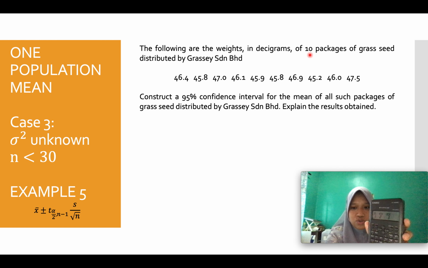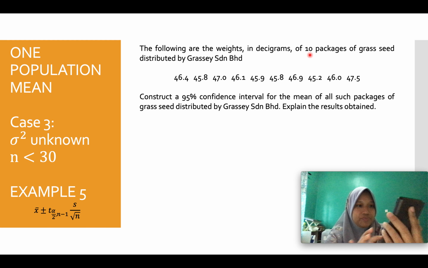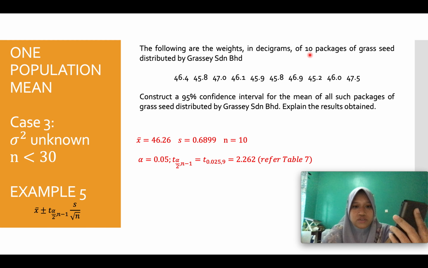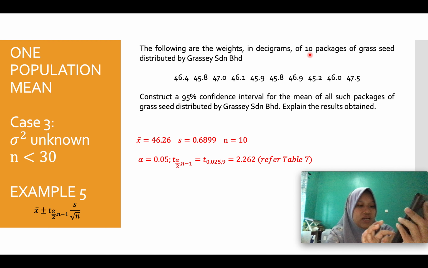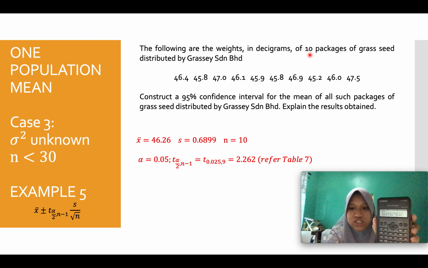Now we want to know the value of X bar. So X bar is 46.26. Click again, shift 2. Now we want to know the value of the sample standard deviation. So you should take the value number 3, not number 2, because number 2 is the population standard deviation. What we want is the standard deviation for this raw data. So we press 3.